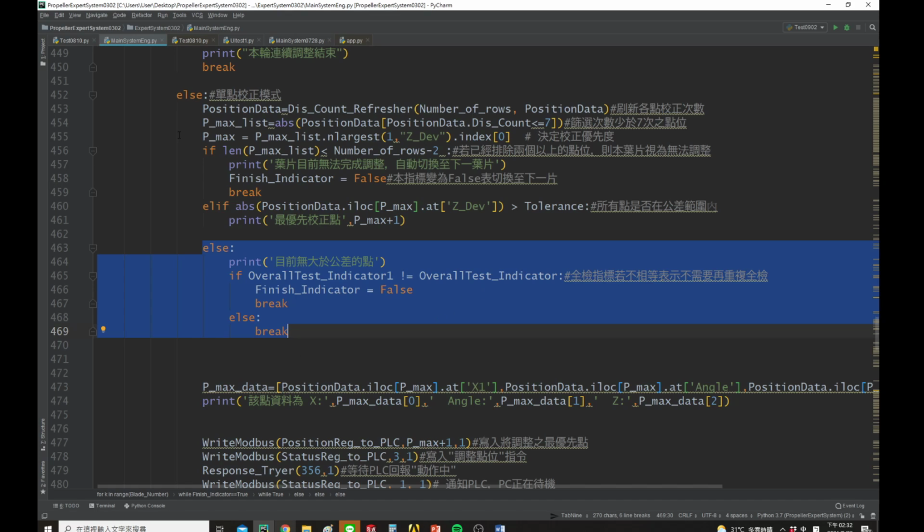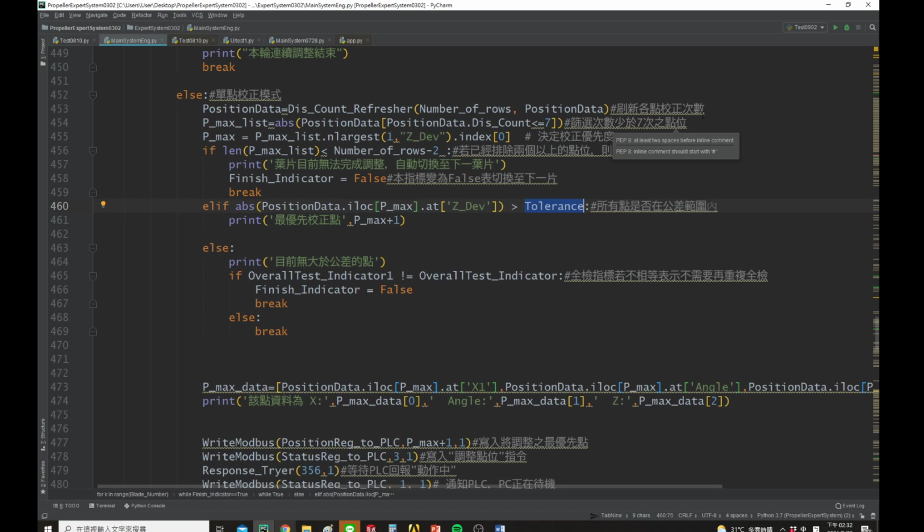Okay, so we can conclude that the tolerance of deviation is 0.2. We set it to 0.2, but this is a variable, so we can change it. Maybe 0.3 is okay.